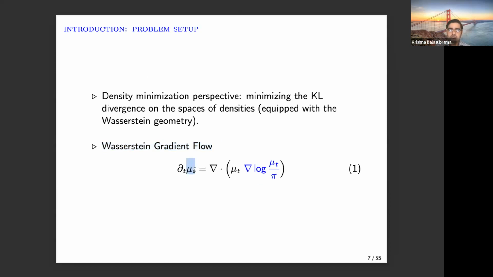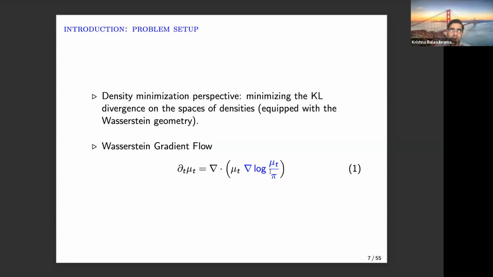So what is this mu t? This mu t itself is a density function, an infinite-dimensional object. And this thing in blue, the grad log of mu t over pi, is what is called the Wasserstein gradient. In Euclidean gradient descent, you take the gradient of an objective function. This is the exact analog of gradient descent, except that now your gradients are functionals themselves, right?